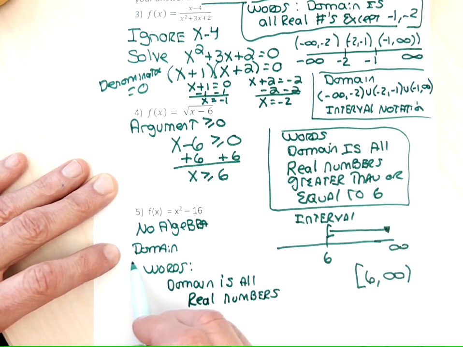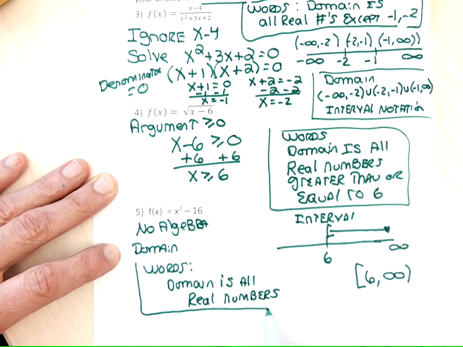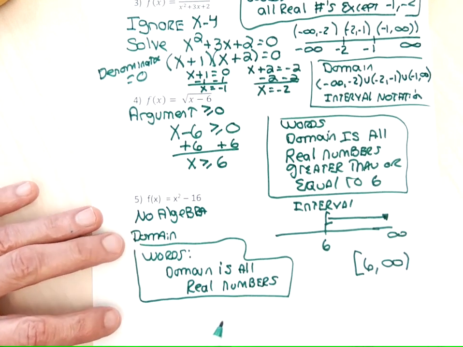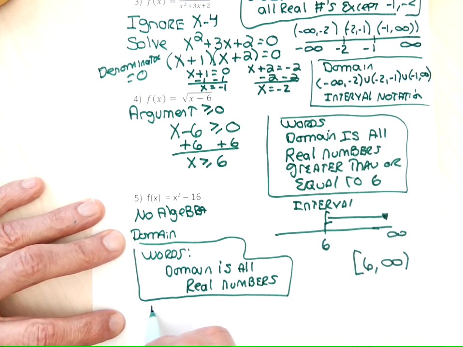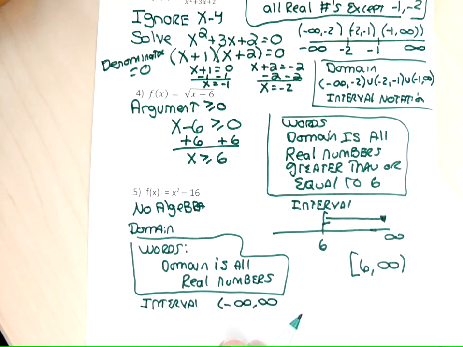If the problem's not a fraction and not a square root, on this test, it's a polynomial, and polynomials have domains of all real numbers. And the option of doing a domain in interval notation is just writing the interval from negative to positive infinity. Both of these would be acceptable answers. The instructions say you only need one form, so whichever form you feel most comfortable with would be fine.